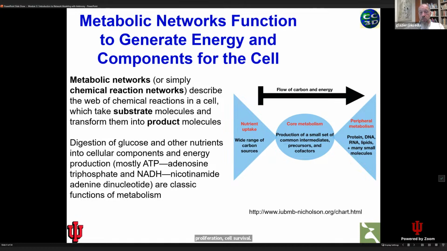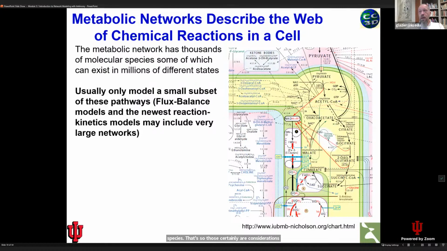In the mitochondria, mitochondrial permeabilization is one of the main triggers of cell death when cells are infected or exposed to reactive oxygen species. And so those certainly are considerations that we have to think about. Typically, we're going to be dealing, if at all, with very small components of this enormous set of pathways.